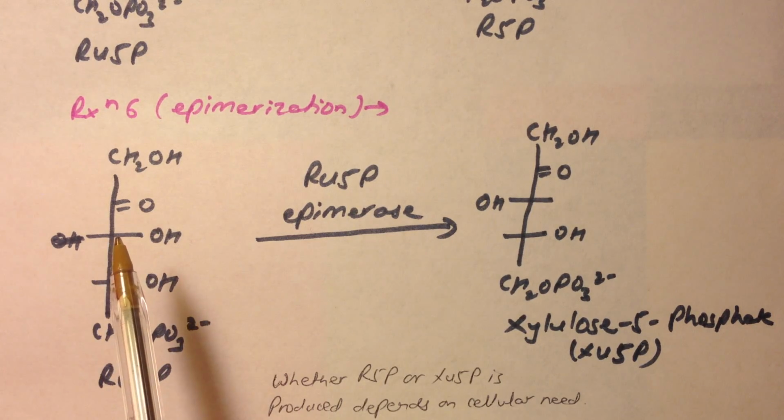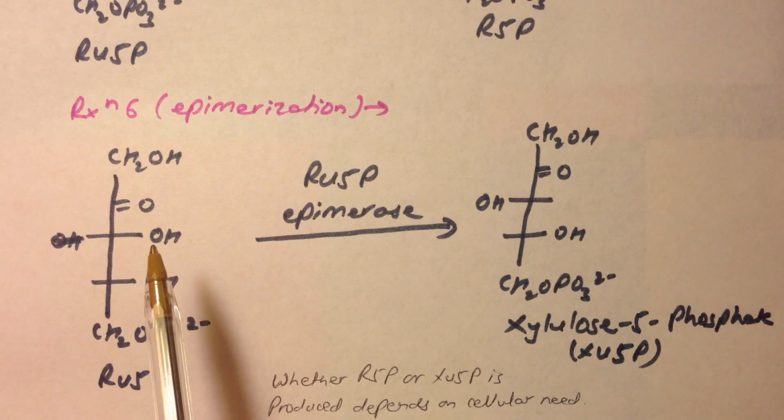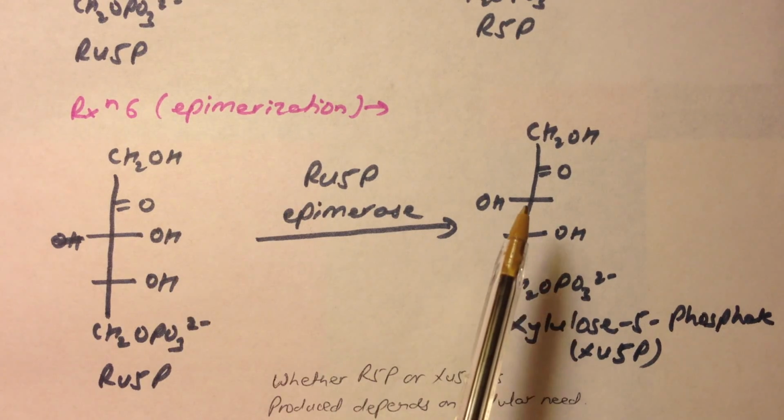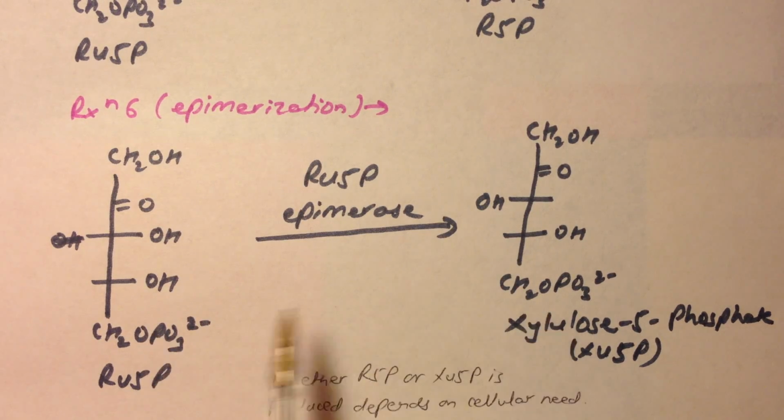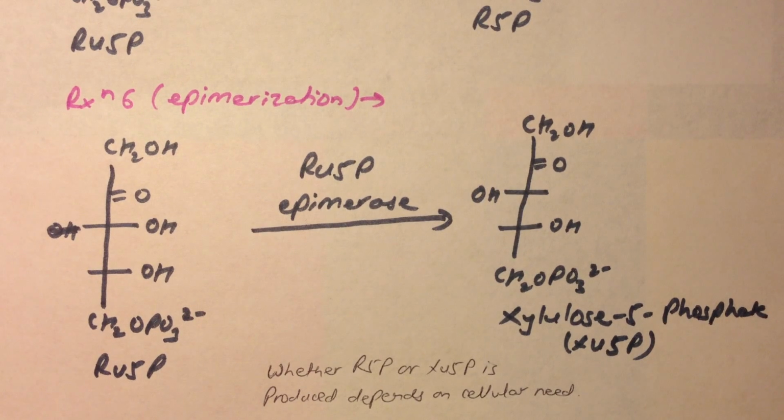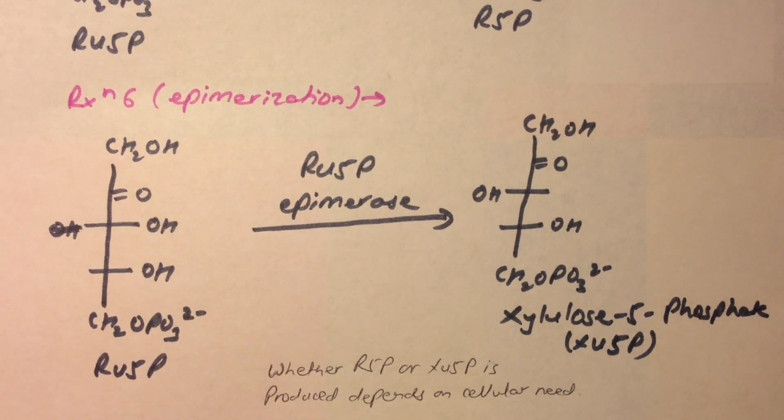You can look at this chiral center, the hydroxyl is pointing this way, but in this carbon's chiral center, this hydroxyl is pointing this way. So these two are epimers of each other. Whether ribose 5-phosphate or xylulose 5-phosphate is produced depends on the cellular need. So that's our stage 2 of the pentose phosphate pathway. Now let's go to stage 3.